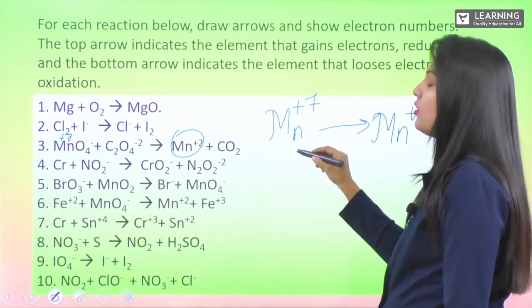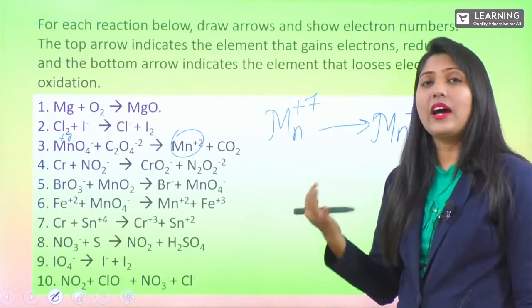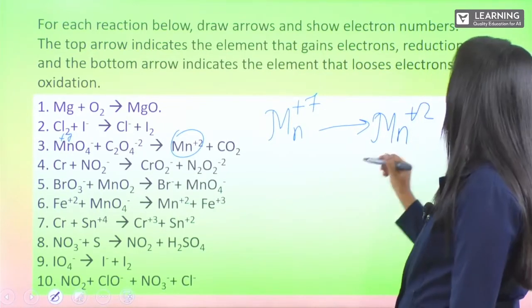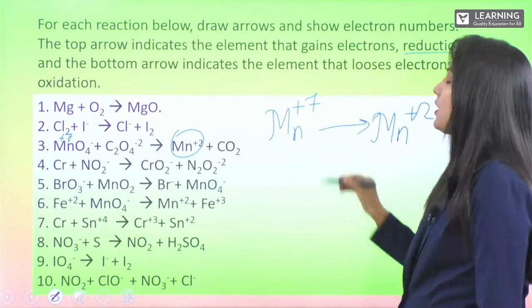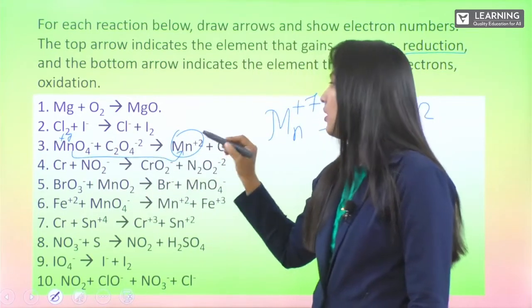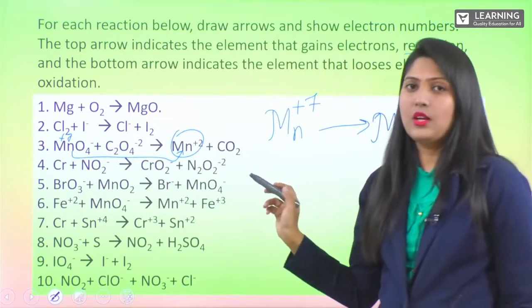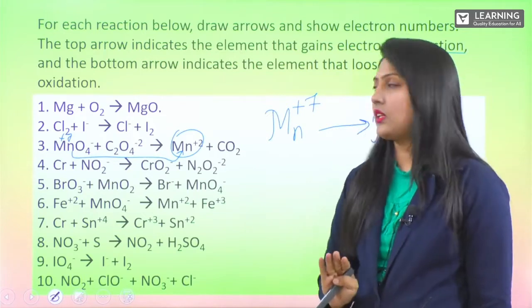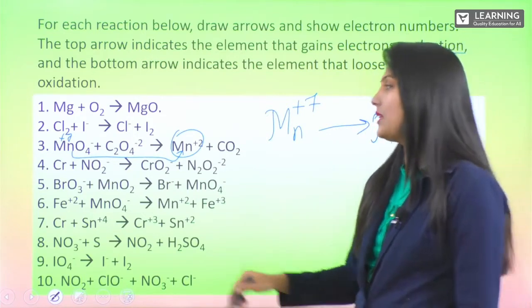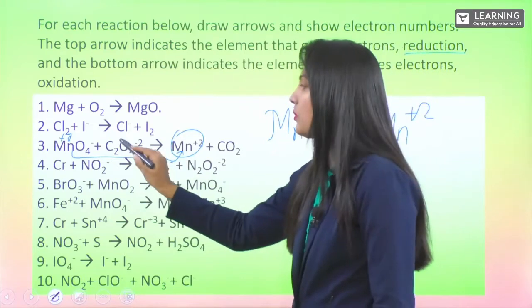So here 5 electrons are gained. So gain of 5 electrons takes place. So we can call it reduction. Mn is undergoing reduction. And oxygen is -2 in all the cases, so we are not referring to oxygen now. Which is the other element present? We have carbon which is present. So what is the oxidation number of carbon here?